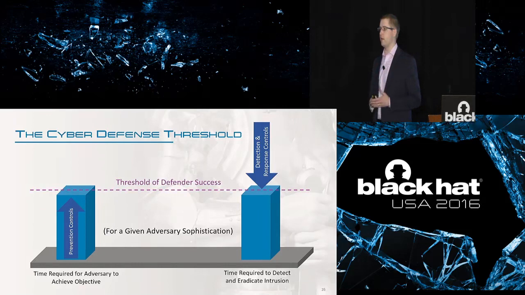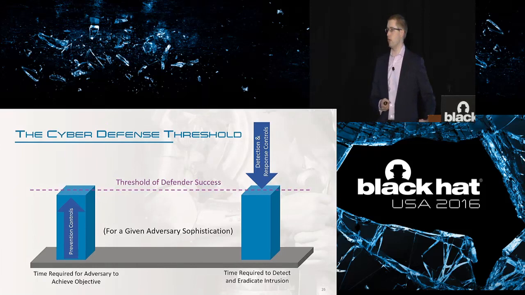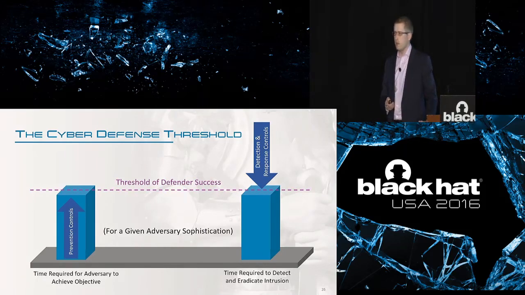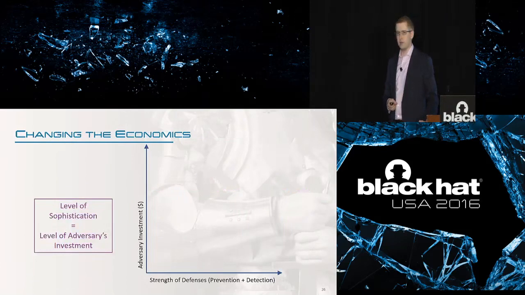More skilled adversaries on their team. Deeper investment in their own research and development. Purchasing additional 0 days on the black market. And what this gets at is that the level of adversary sophistication really translates to the level of the adversary's investment.